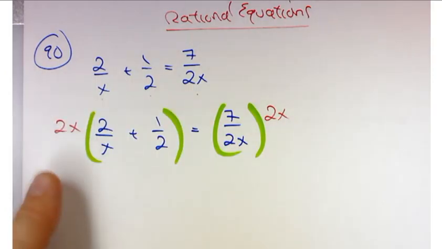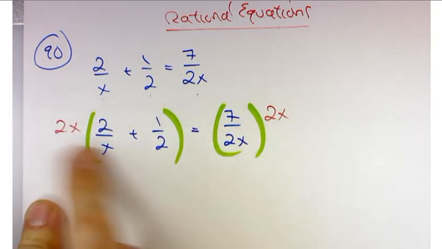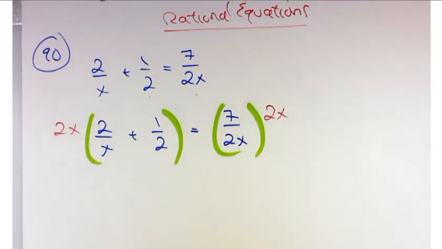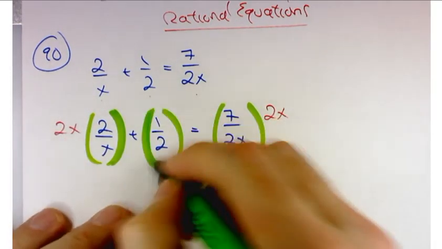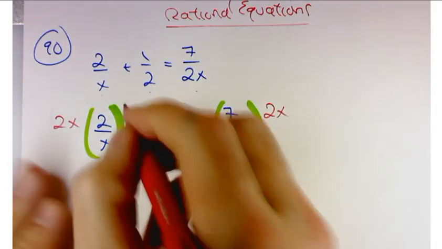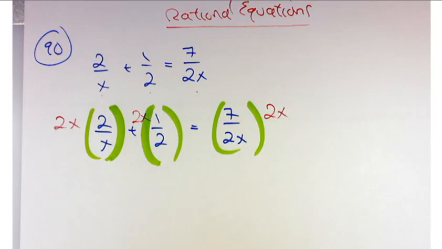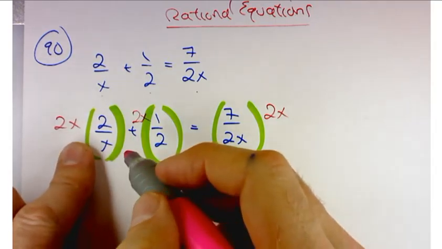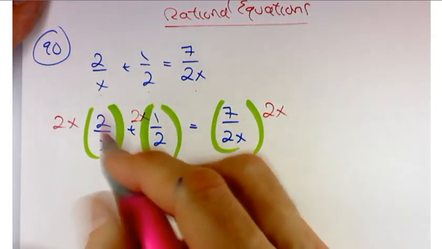Now on the left-hand side, when I multiply by 2x, that 2x really distributes itself to both terms. So I'll get 2x times this and 2x times this. In other words, your LCD multiplies everything. And the nice thing is that I won't have any fractions left. Let's see what kind of simplification I get. So, Rachel, what's going to simplify with the first two?